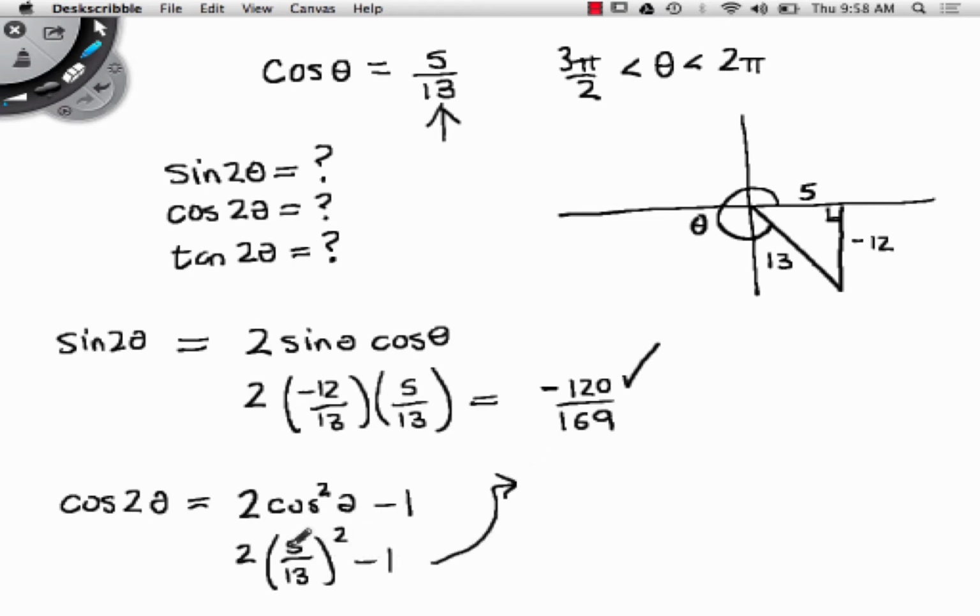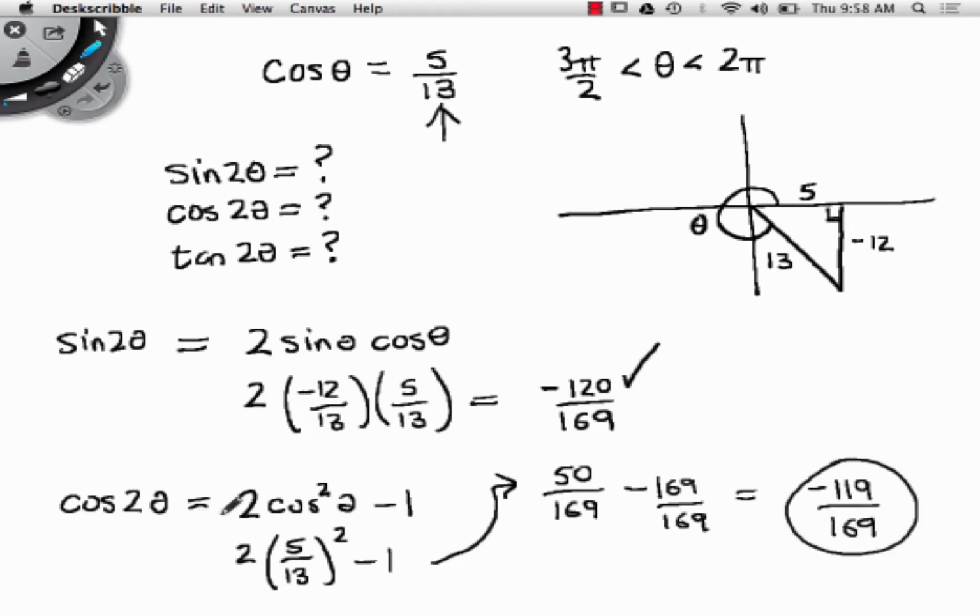Now, 5 squared is what? 25. 13 squared is 169. What's 2 times 25? So this becomes 50 over 169 minus 1. Now I turn this into a 169 over 169. And if you take 50 and subtract 169, you should get negative 119. And there's your cosine of 2 theta. How are we doing so far?